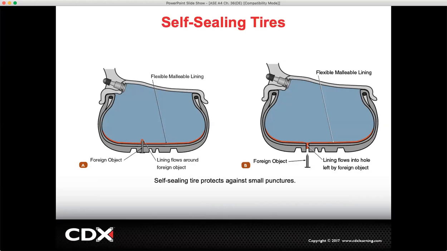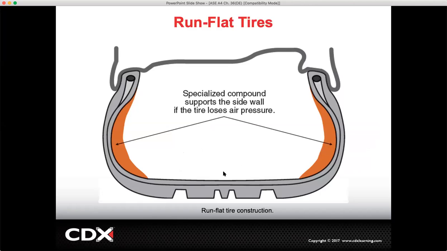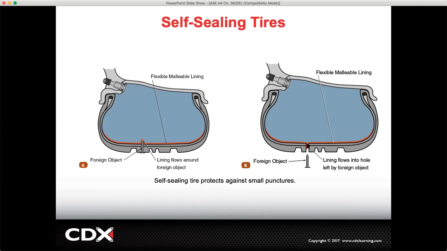Self-sealing tires, as you can see here, if we were to get a nail, it has a layer of sealant or flexible, malleable lining. When you get the nail, it tends to hug the nail, and then if you were to pull it out, it takes some of it out with it and fills up the hole. This is designed to repair most small tread area punctures instantly and permanently.